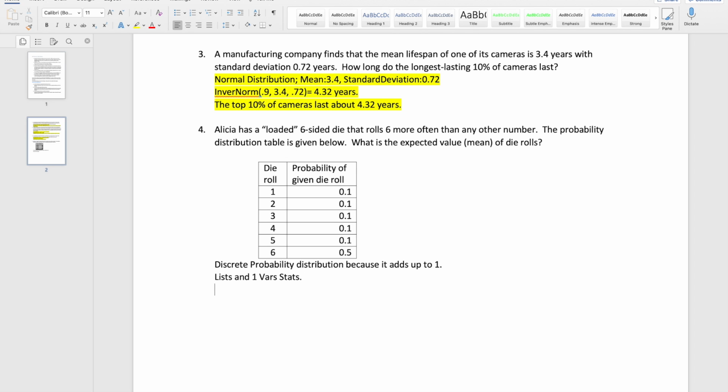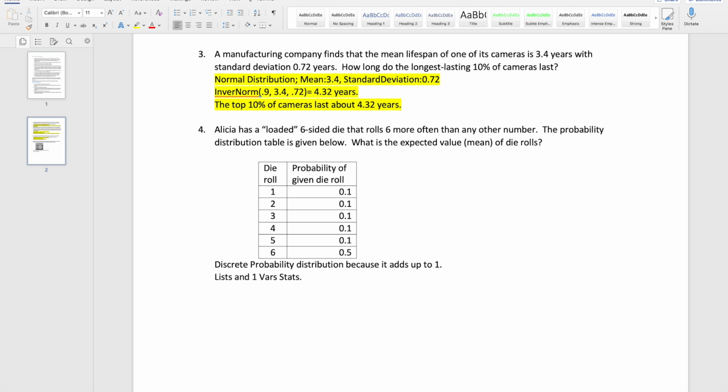So let's go to our calculator. We're gonna go to the stats section. We're gonna create a list. Oh, I might have gotten ahead of myself. So we're just gonna do that again.